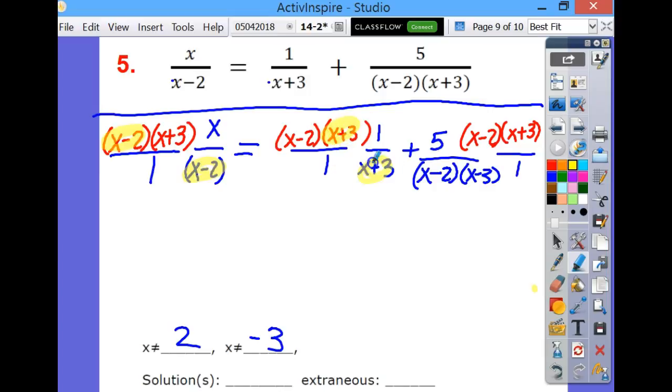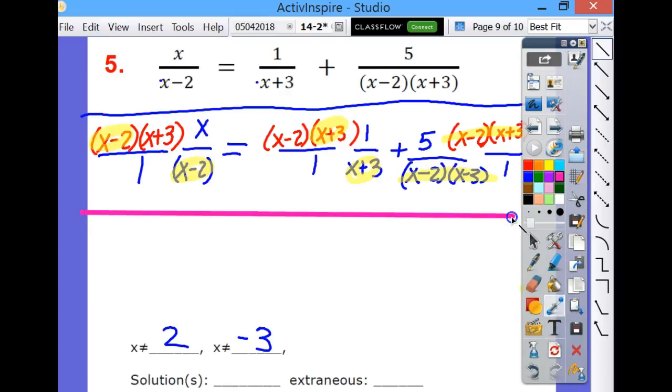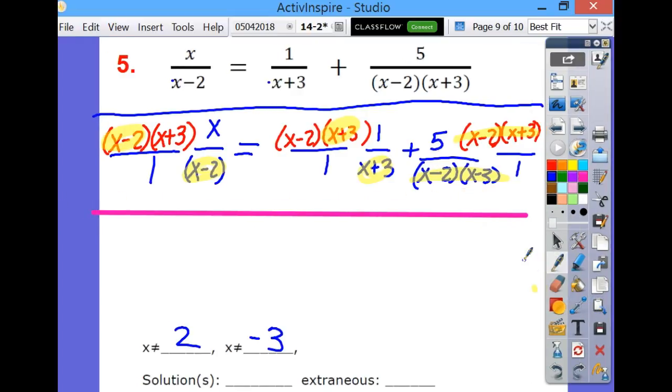This cancels this. All of this cancels that. What's left? X plus 3 times x. That's what's left in this term. X minus 2 is left in this term, plus 5.